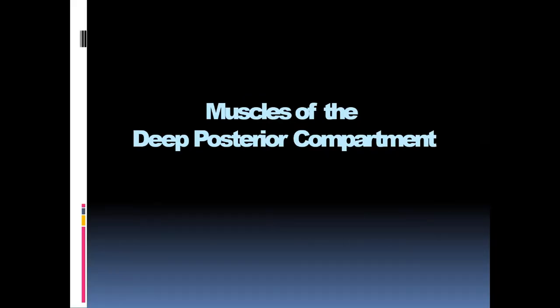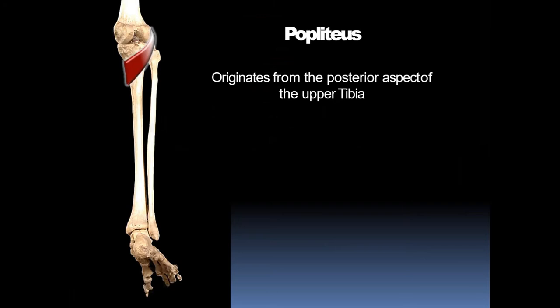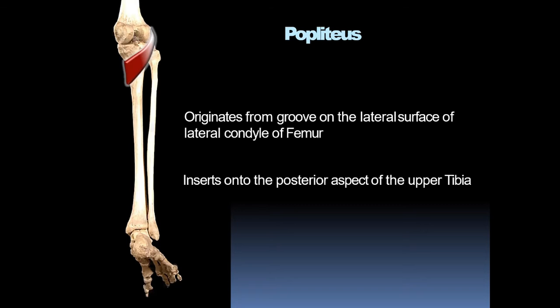Now muscles of the deep posterior compartment of the leg are popliteus, originates from the posterior aspect of the upper tibia, originates from groove on the lateral surface of the lateral condyle of the femur. It inserts onto the posterior aspect of the upper part of the tibia.